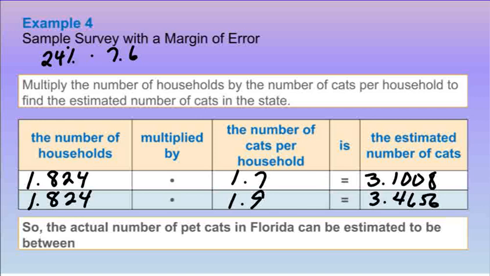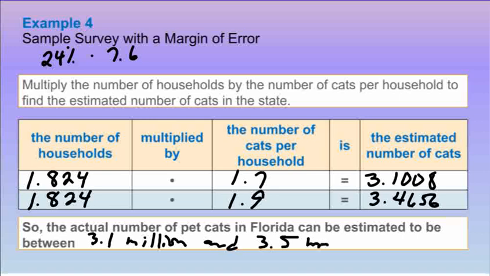So the actual number of pet cats in Florida can be estimated to be between 3.1 million and 3.5 million.